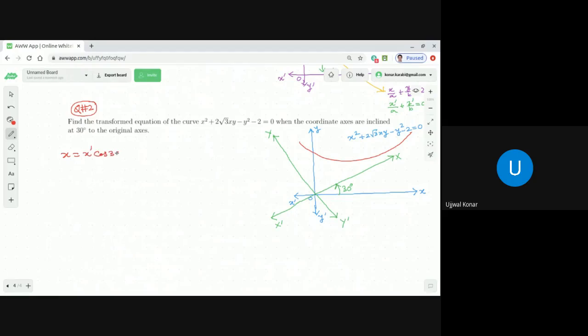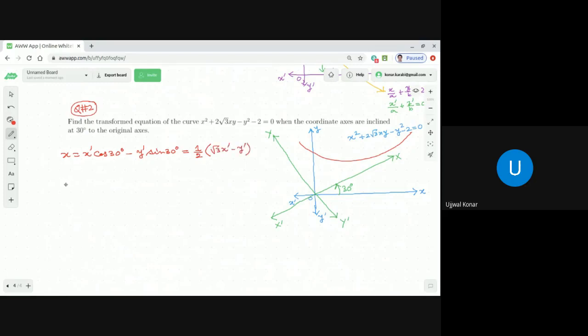X dash cos 30 degrees minus y dash sin 30 degrees. If you find this value, you are getting 1 by 2 into x dash into root 3, so we can write root 3 into x dash minus y dash.